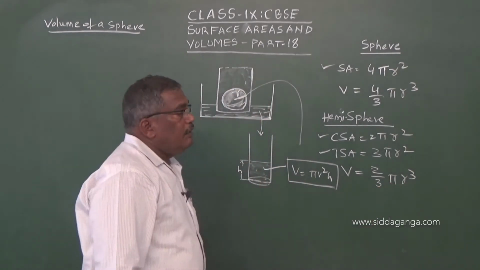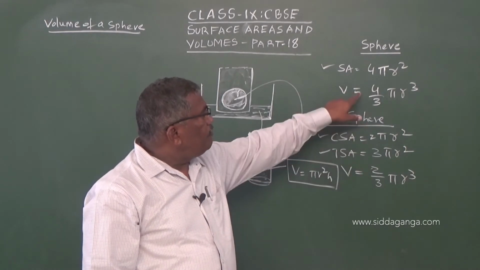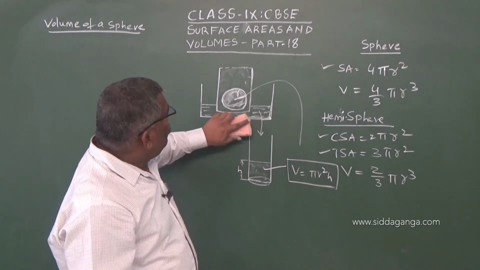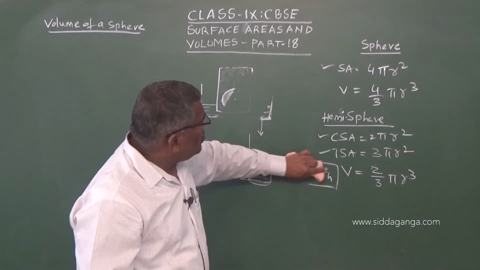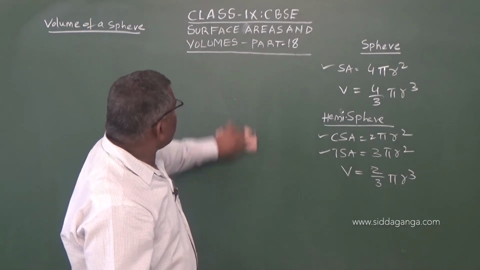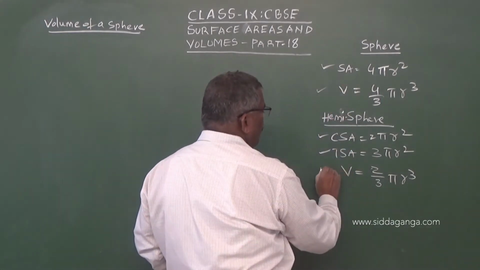This is the volume of the hemisphere, and this is the volume of the sphere. Now we are going to use these formulas to solve the problems. So that is how we got these two formulas.